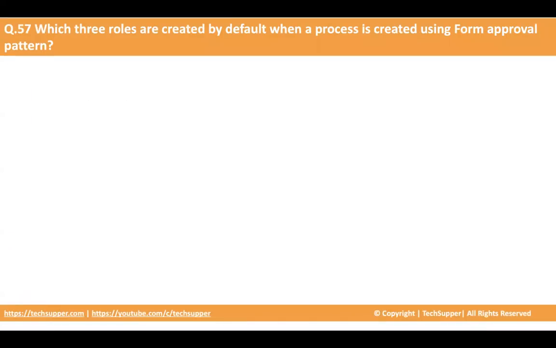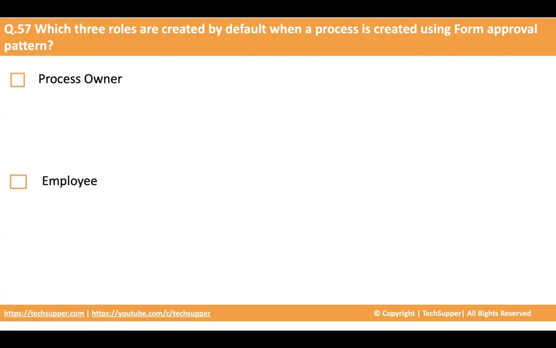Okay, what is the next question? The next question is, which three roles are created by default when a process is created using form approval pattern? So when you create a structured process with this form approval pattern, three roles will be created by default. Which three roles are created? So let's look at the options.